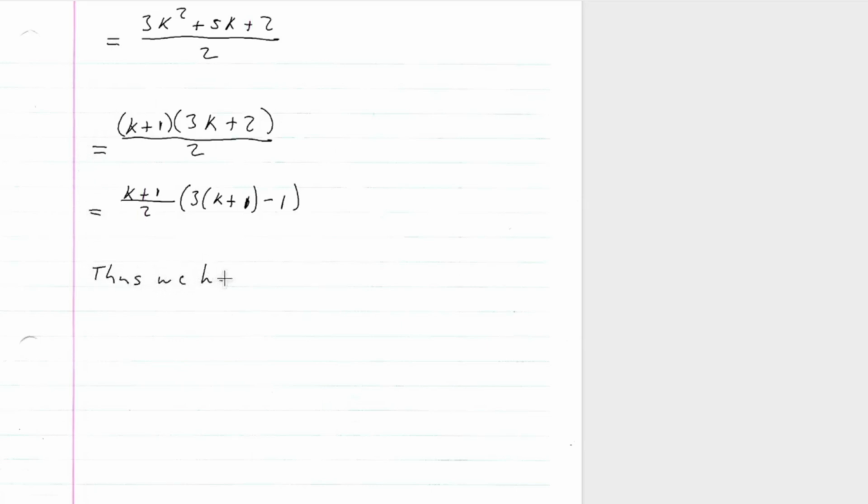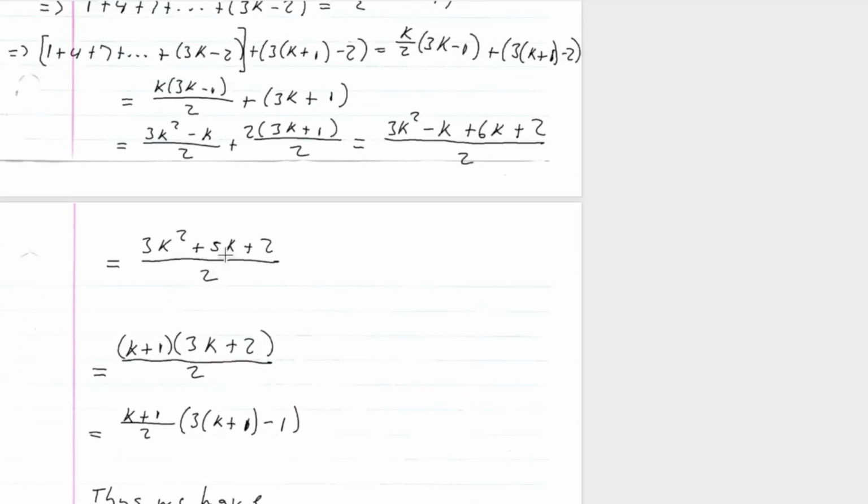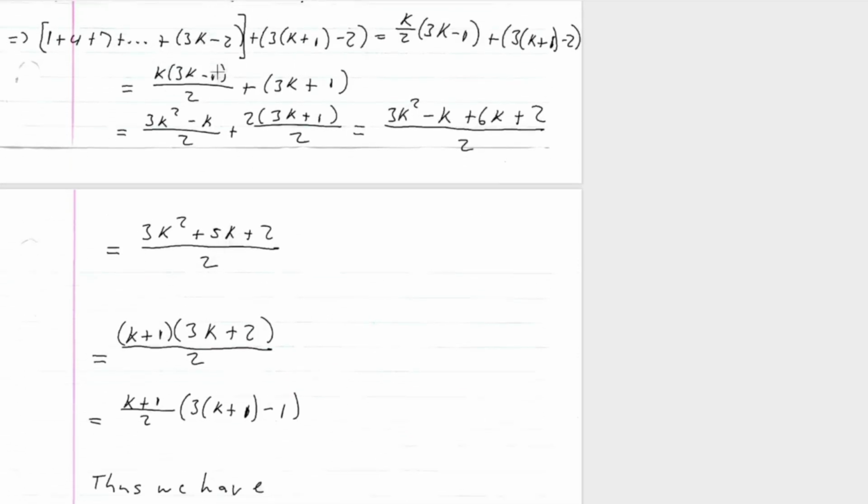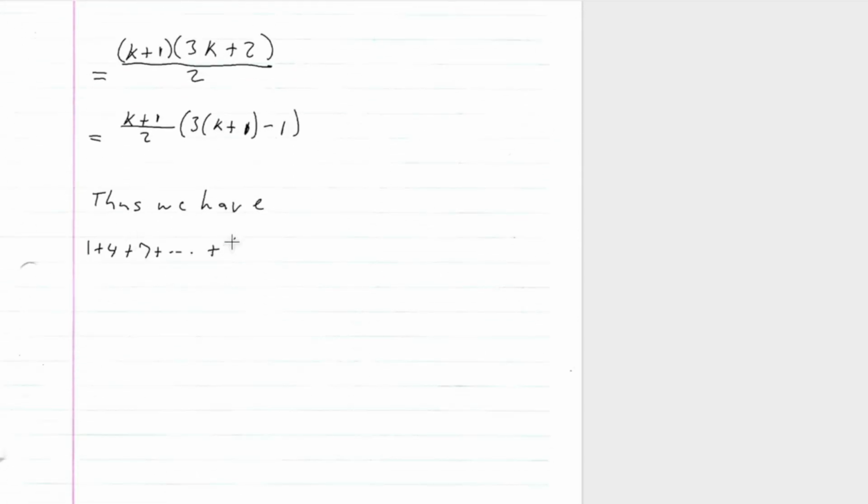we have that 1 plus 4 plus 7 plus dot dot dot plus 3k minus 2 plus the next term, right?